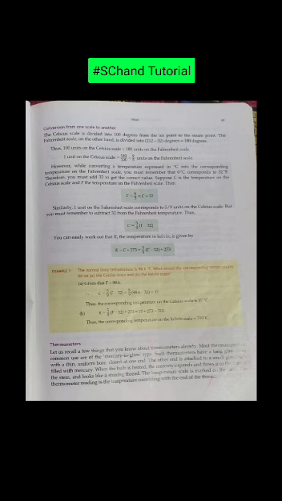So there is one example solved on this. We are given a Fahrenheit temperature, and we have to convert it into Celsius. So simply you have to put the value of F into the formula, that is C = 5/9 (F − 32). F is 98.6, that is given.